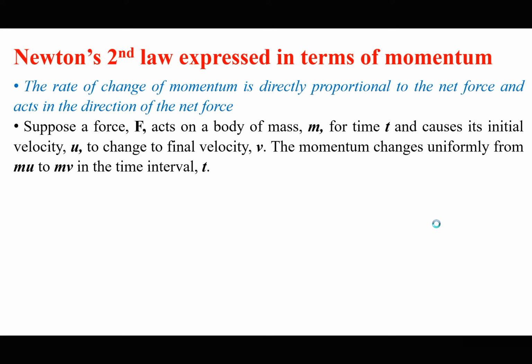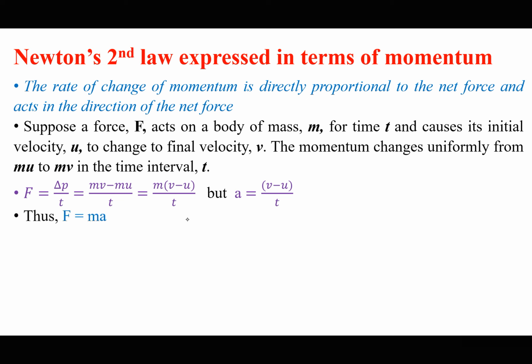So force is the rate of change of momentum, so it is going to be the final momentum mv minus mu over t. When you factor out m, you get m times (v minus u) over t, and we know that the change in velocity over time is the acceleration. Therefore a is v minus u over t, and thus F, which is the net force, is simply equal to ma.